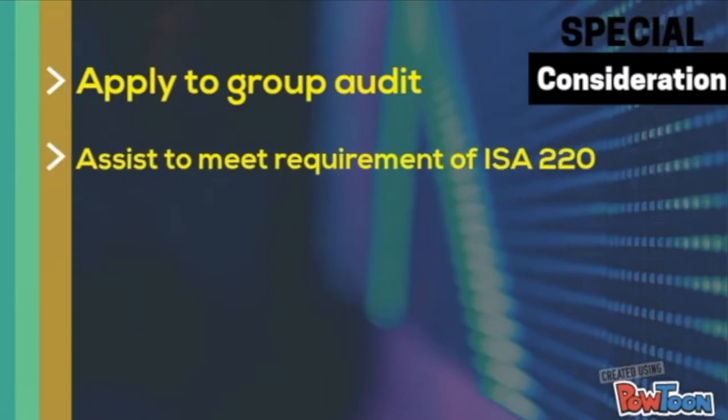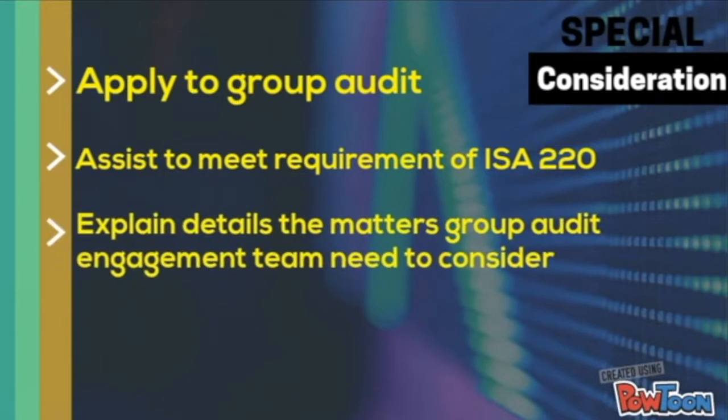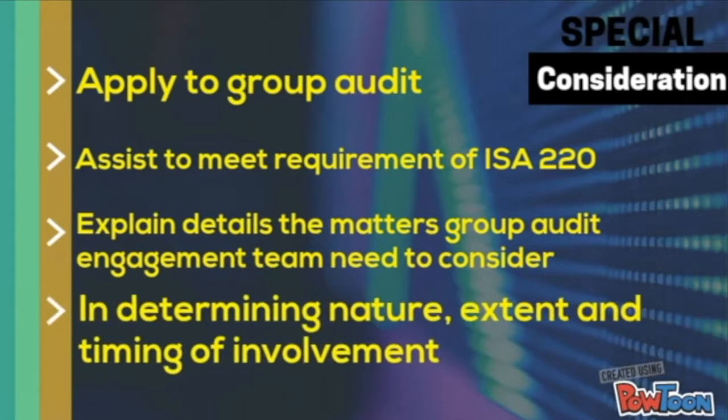The group engagement partner applies the requirements of ISA 220 regardless of whether the group engagement team or a component auditor performs the work on the financial information of a component. This ISA assists the group engagement partner to meet the requirements of ISA 220 where component auditors perform work on the financial information of components.